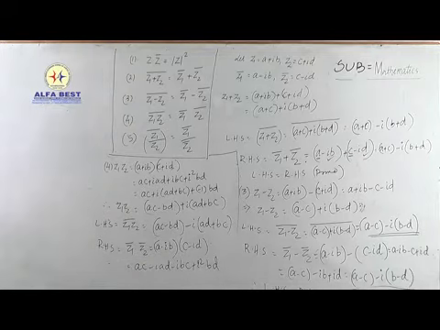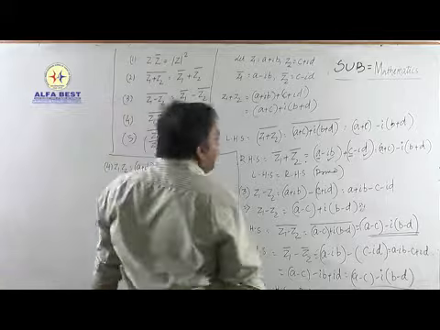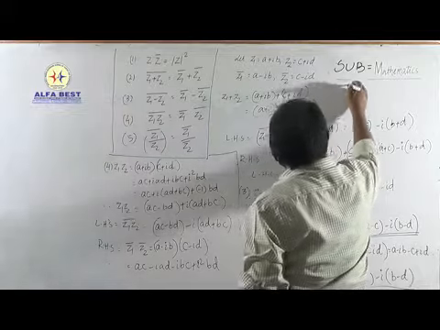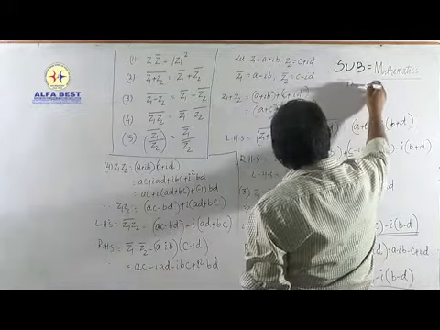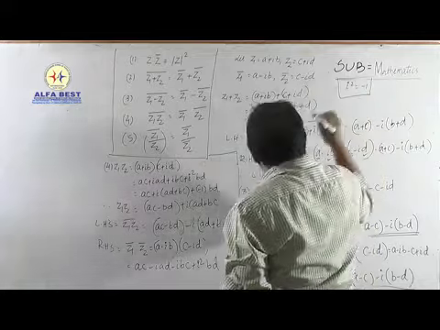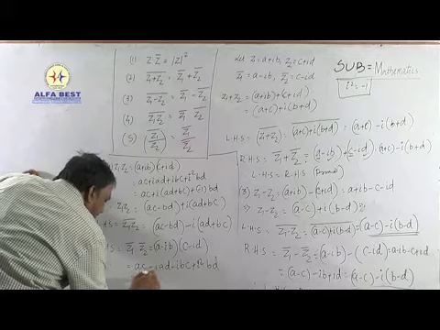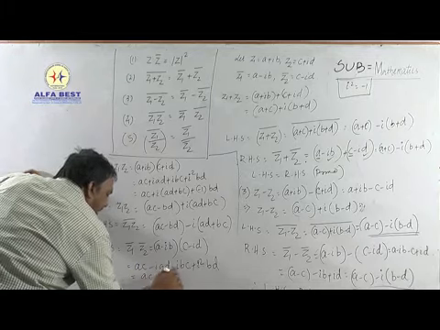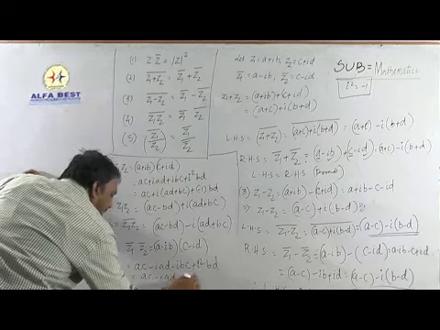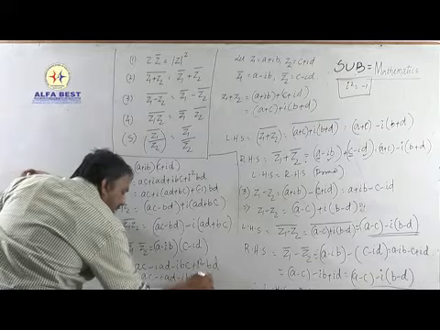So you know that I square is equal to minus 1. In the previous classes we have discussed I square is equal to how much? Minus 1. So putting here, this will be AC minus IAD minus IBC minus BD.